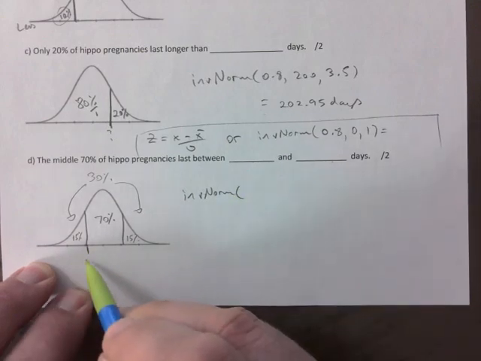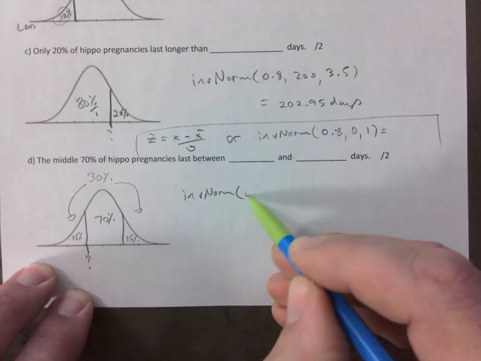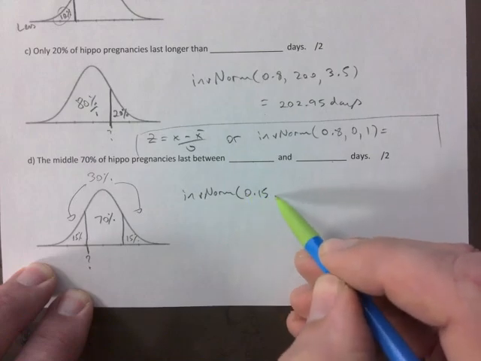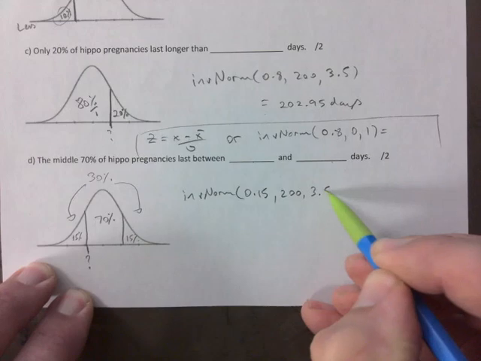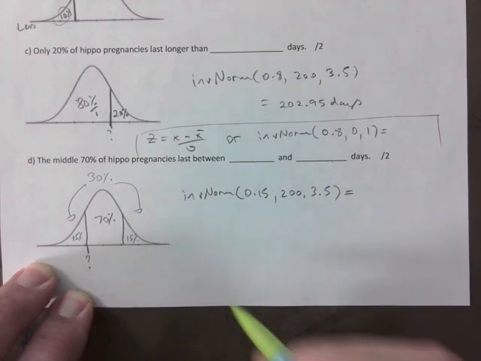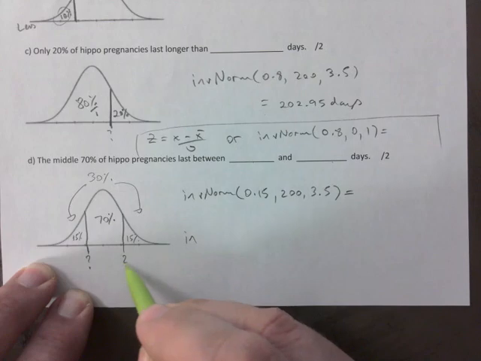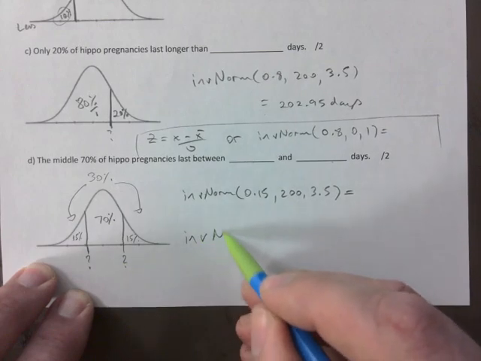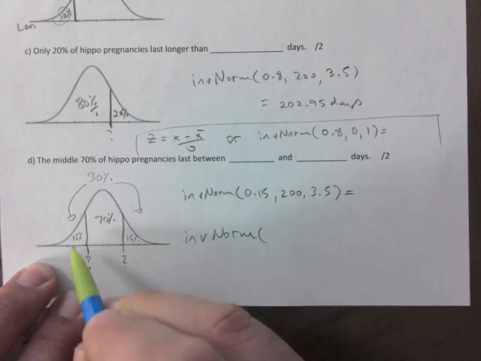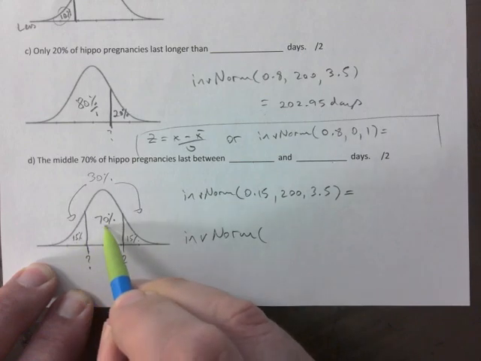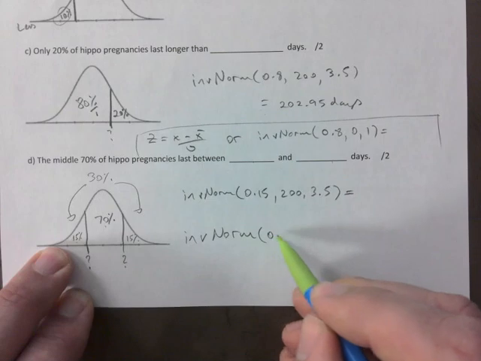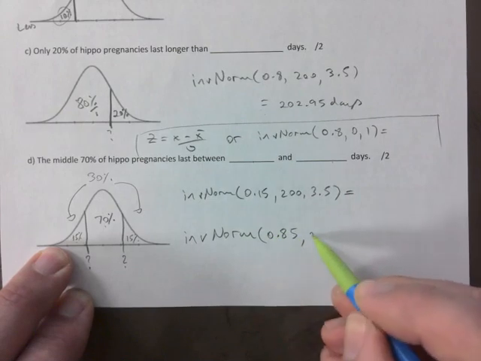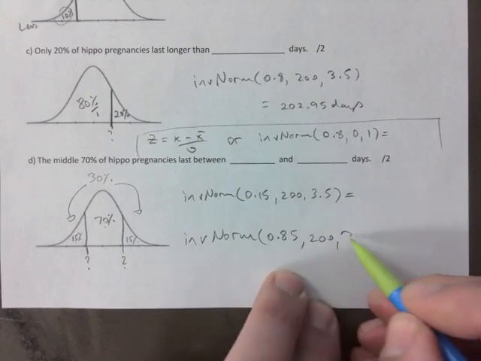To get the first one, you would use 0.15, 200, 3.5. To get the second question mark, you do another inverse norm. In this case, it's 15% and 70%, that adds up to 85%, so you go 0.85, 200, 3.5.